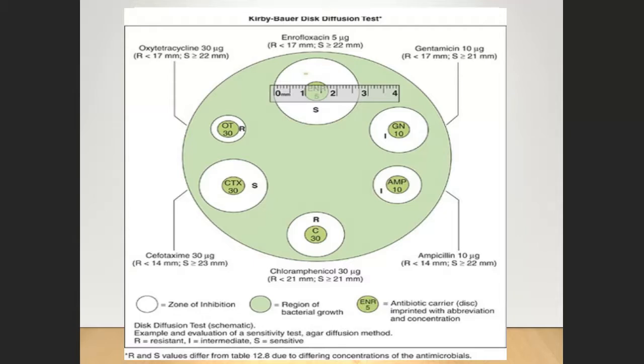This is the Kirby-Bauer test, which is the diffusion test in order to test the susceptibility or sensitivity of drugs against bacteria. So this different color over here is actually the bacteria growth.